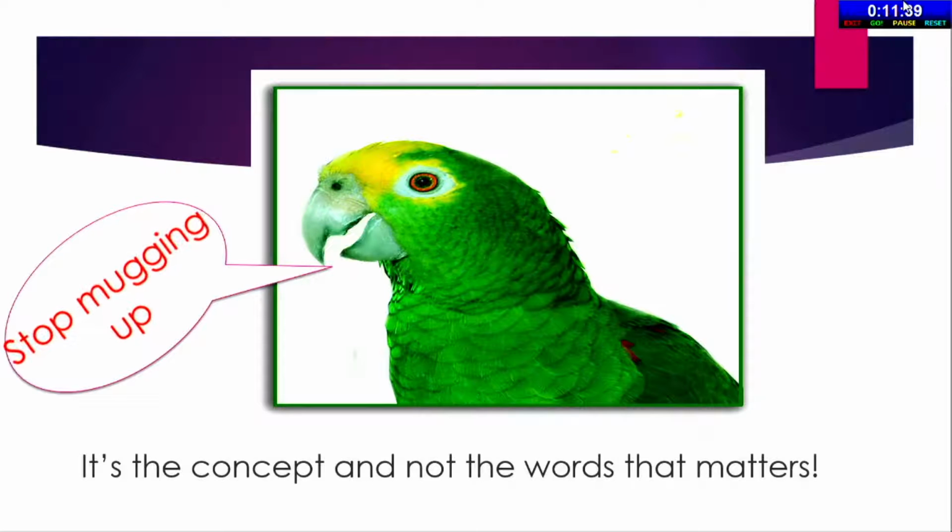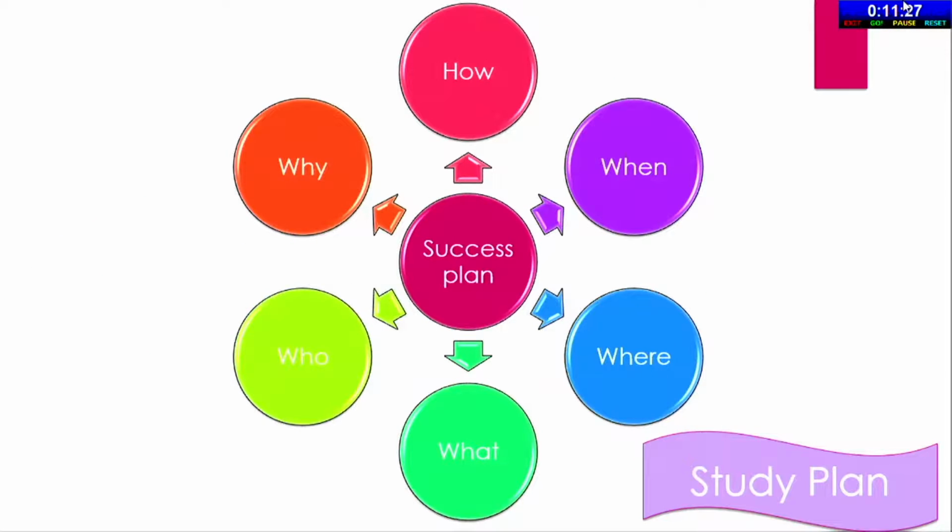So by this, up to here, you are well versed that it is nothing about mugging up. So stop mugging. You want to read the theory to have the concept of that particular topic, right? So you can design your study plan yourself. I'm not going to go into the detail, but maybe this can be a helpful slide for you: how do you want to study, when, where, what do you want to study, with whom, and why do you want to study?